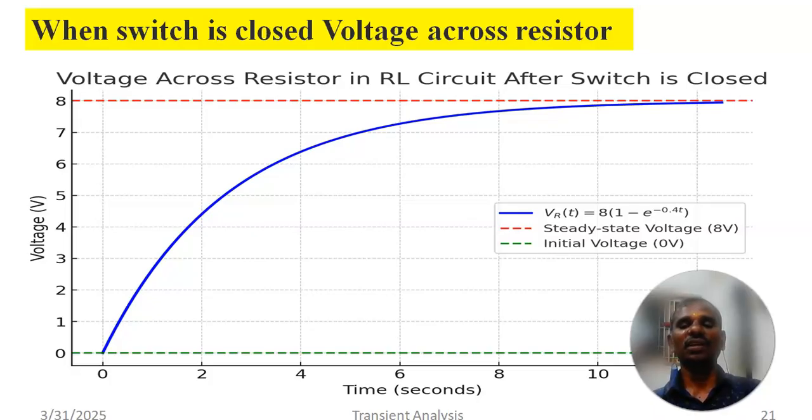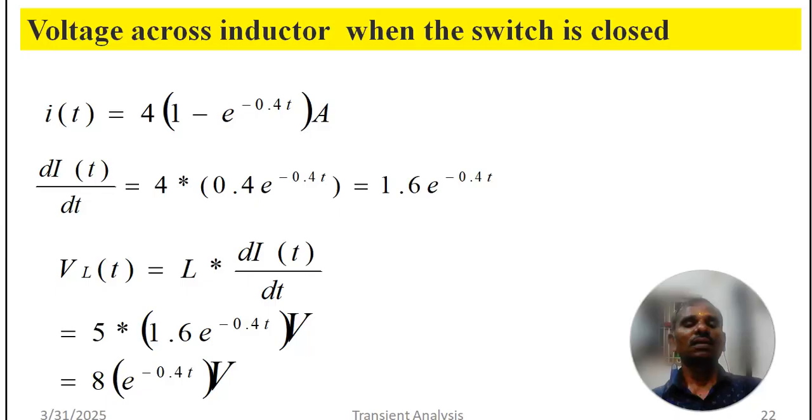Next, we'll see the voltage across the inductor when the switch is closed. We already know that we differentiate with respect to t, so VL of t is equal to L into di by dt. If we differentiate that, we get 1.6 e power minus 0.4 into t. So it's 1.6 into 5, giving 8 e power minus 0.4 into t.